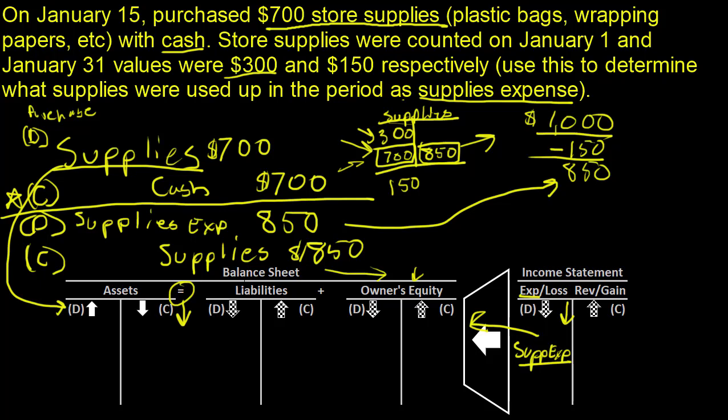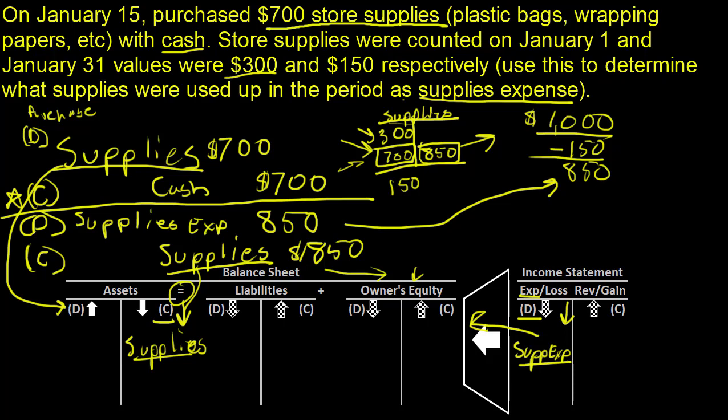We need either an increase in liabilities, which doesn't make any sense, or a decrease in assets, which makes a lot of sense because supplies are leaving as part of this. And so supplies is credited on here. So we have an expense of supplies expense, and then we have a credit of the asset of supplies. All right, that is the way you do this entry.